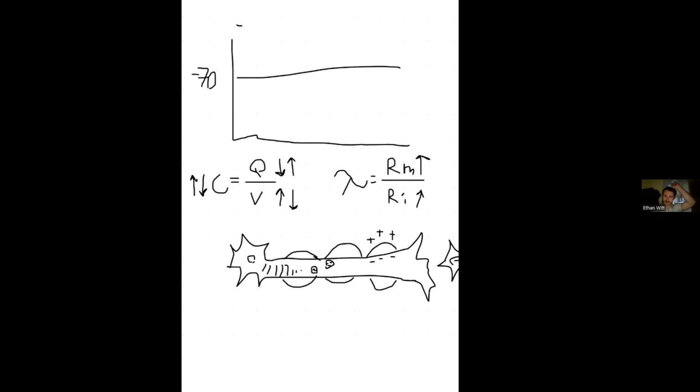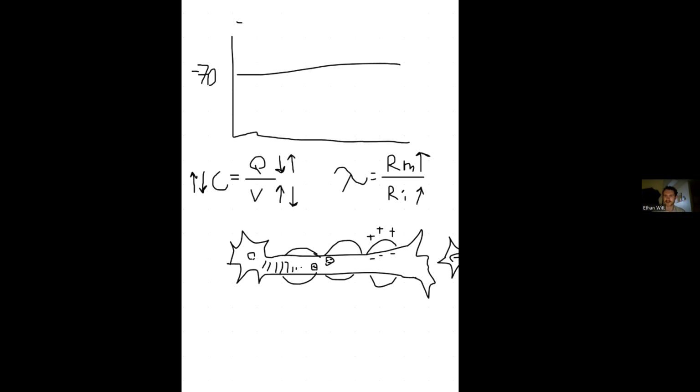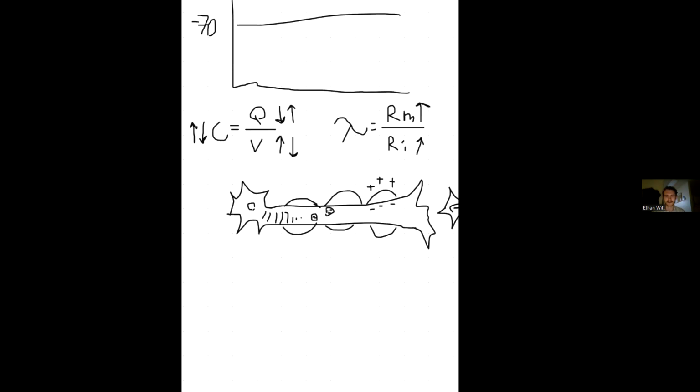But we can't get rid of these proteins. These are performing essential functions for the cell. So what can we do? We can't put them somewhere else. We can't give them an IOU. We can't make them take every other Thursday off. But what we can do, and we see this happen in biology, such as in giant squids, surprisingly enough, is we can just make the axon bigger.